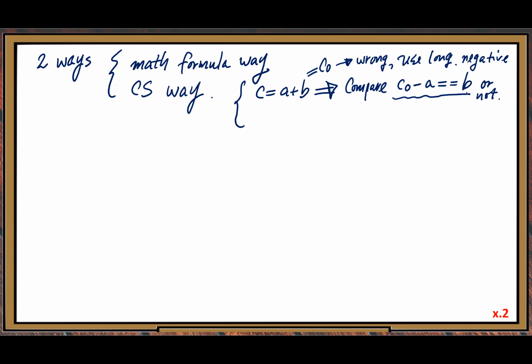So that part I do not understand. Why, even when C0 is negative, when we compare these two numbers, it gives us true. That means we cannot detect the overflow in this way. So this way won't work. Cross out.